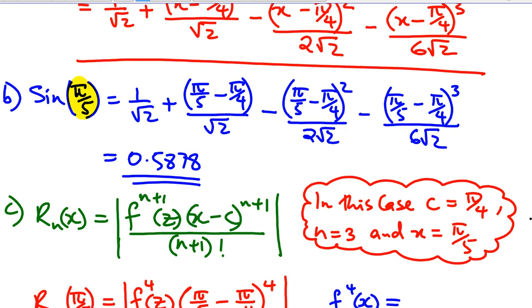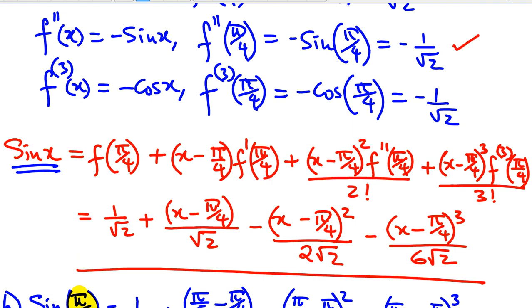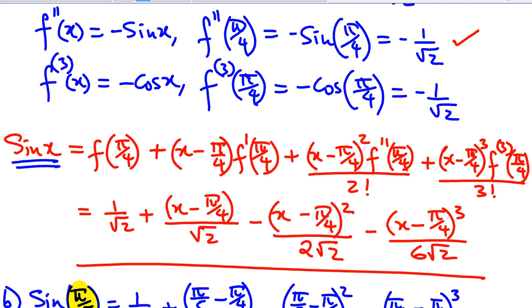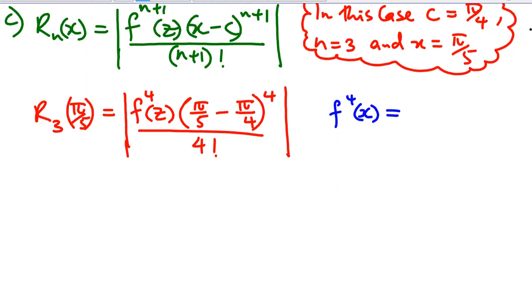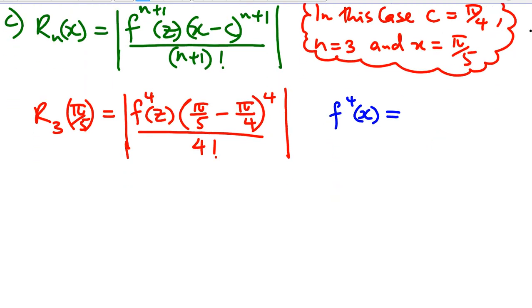If we go up, we stopped at the third derivative. So the fourth derivative will be equal to sine x. All right. So the fourth derivative is equal to sine x.